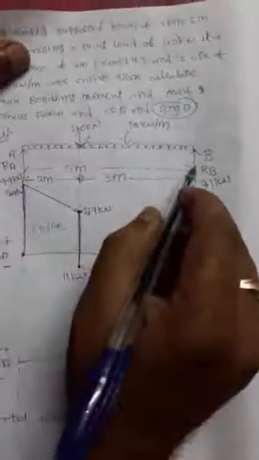For the point load, the formula is force into distance. The force is 41 and the distance is 3. So MC equals upward direction, which is a plus sign, force into distance: 41 into 3. Here the UDL acts in the downward direction, so it is a negative sign.